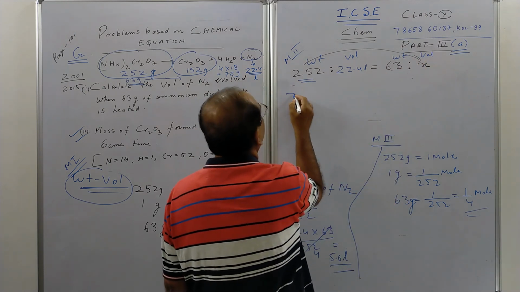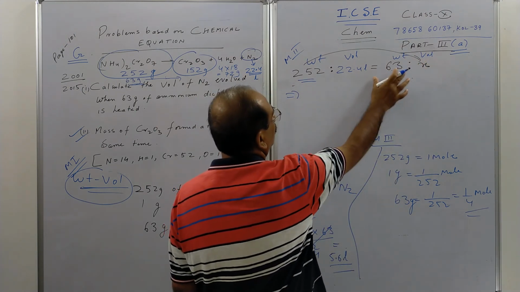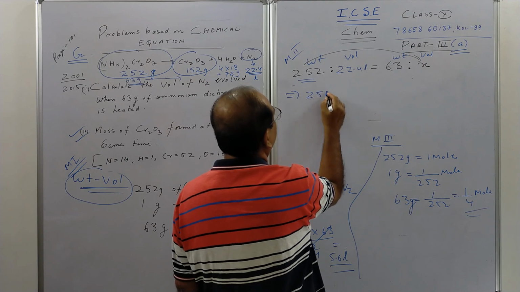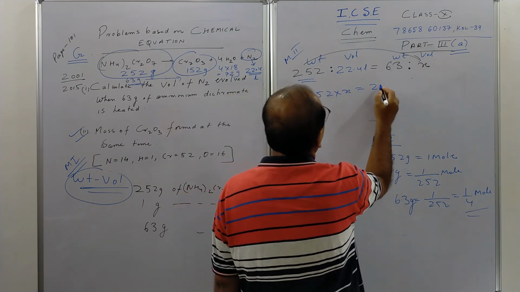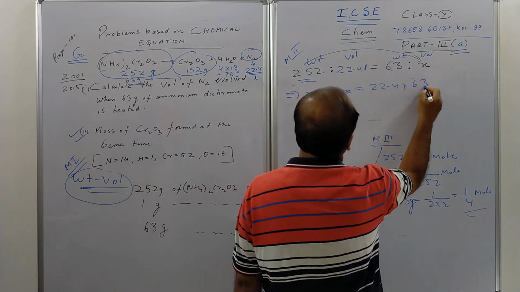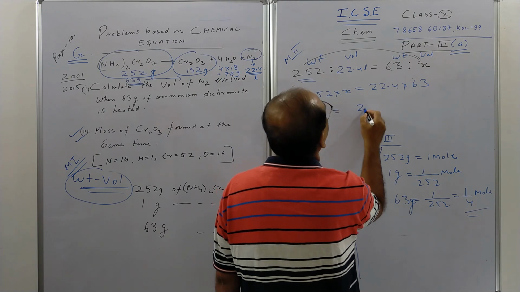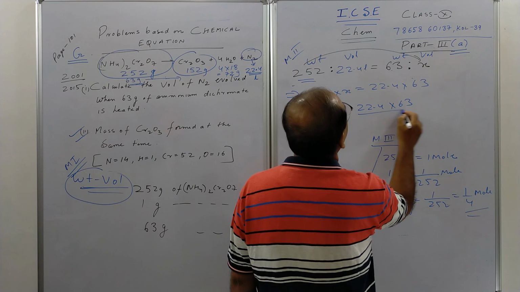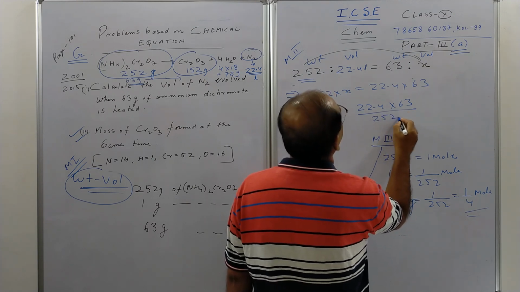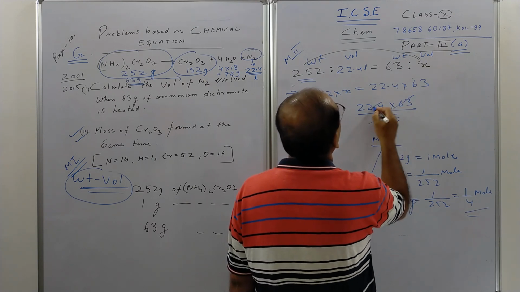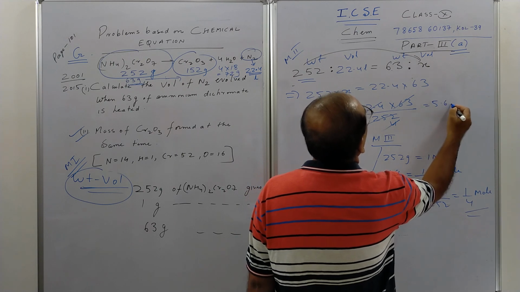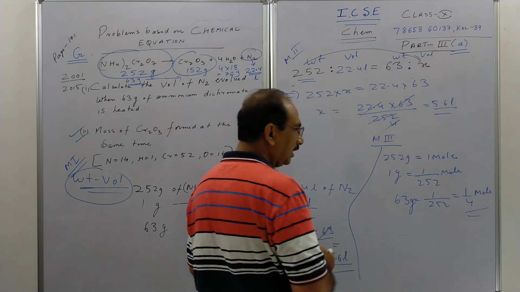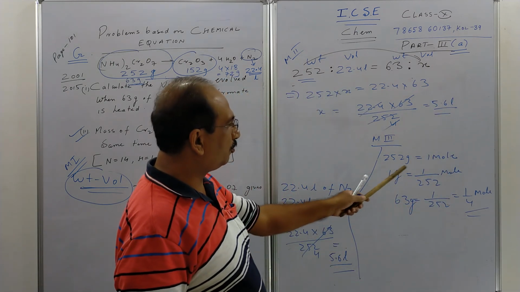So very simply, product of extremes. x is an extreme, I take x first, equals product of the means. You get 1/4 of 22.4 liter, 5.6 liter.